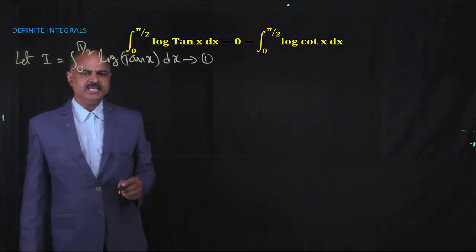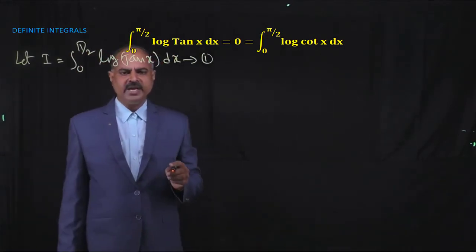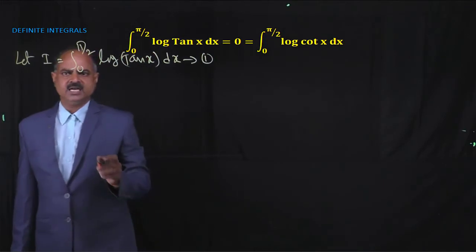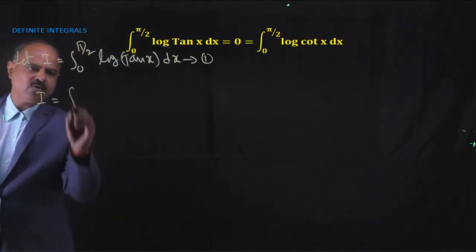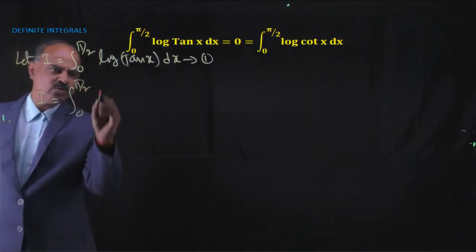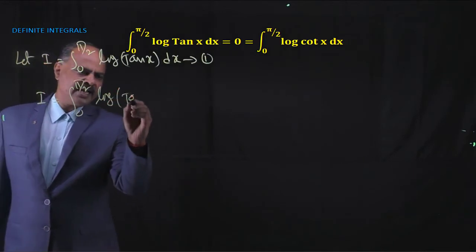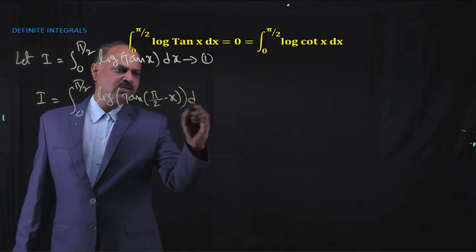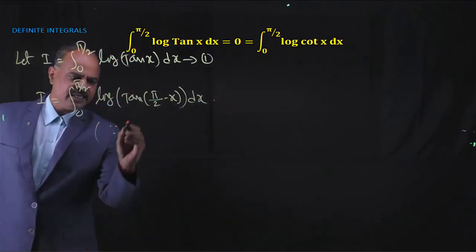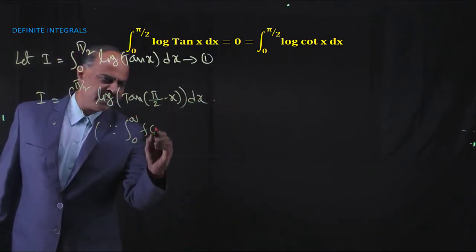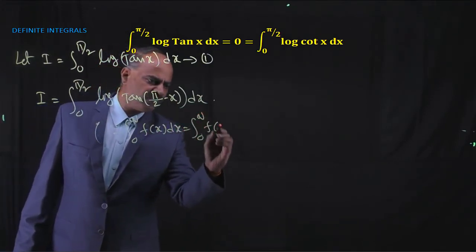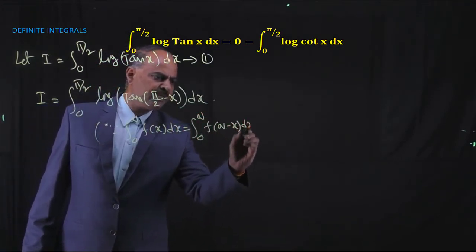By applying the property integral 0 to a f of x dx equal to integral 0 to a f of a minus x dx, we get I equal to integral 0 to pi by 2 log of tan of pi by 2 minus x dx.